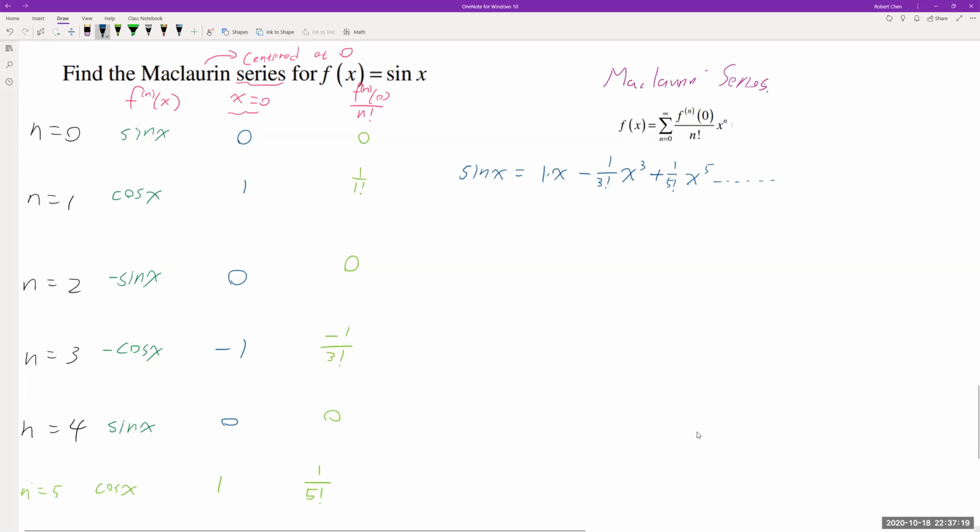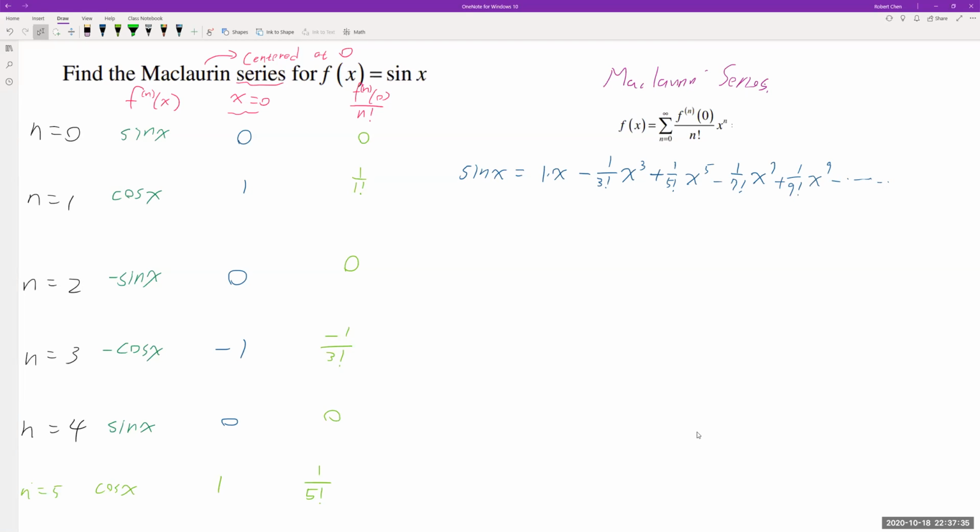If you keep moving on, actually, let me write out the next term. The next term will be minus 1 over 7 factorial x to the 7th power plus 1 over 9 factorial x to the 9th power, and so on.